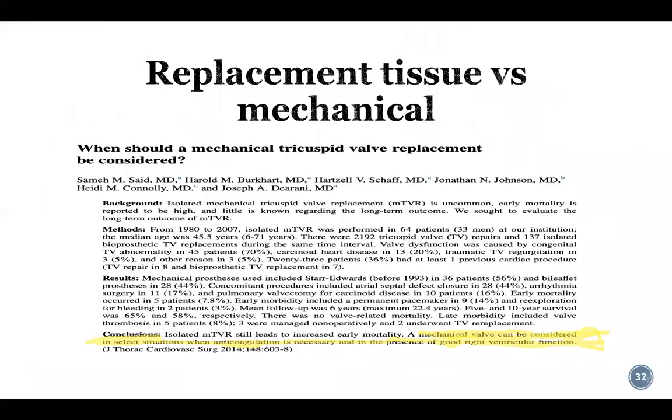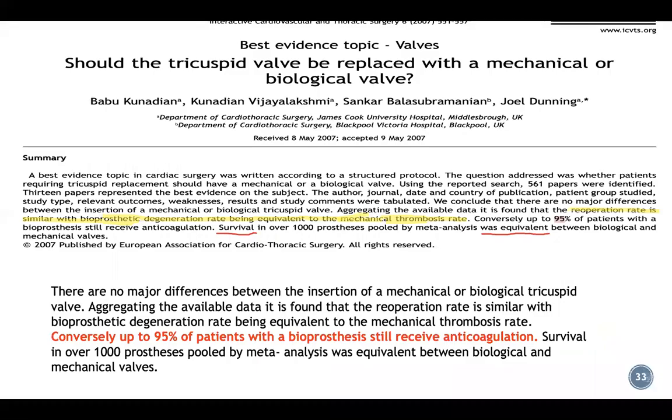What about tissue and mechanical valve? One review article published in 2014 in the Journal of Thoracic and Cardiovascular Surgery said that a mechanical valve can be considered in select situations when anticoagulation is necessary and in the presence of good right ventricular function. This is very important.